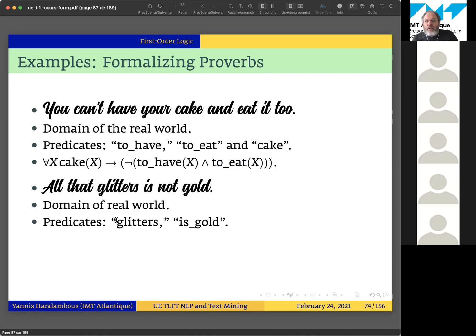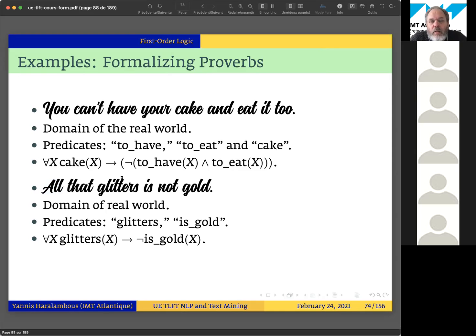I don't need to specialize because in "all," there is no indication about what we are meaning. Is it an object? Is it an idea? Is it a human being? It's not specified. And here is a first possible interpretation of this formula: for all x, glitters implies x is not gold.